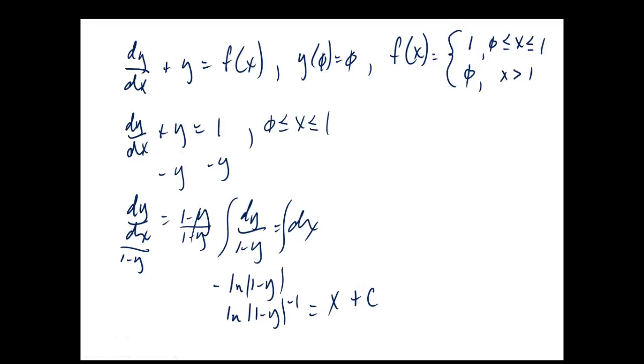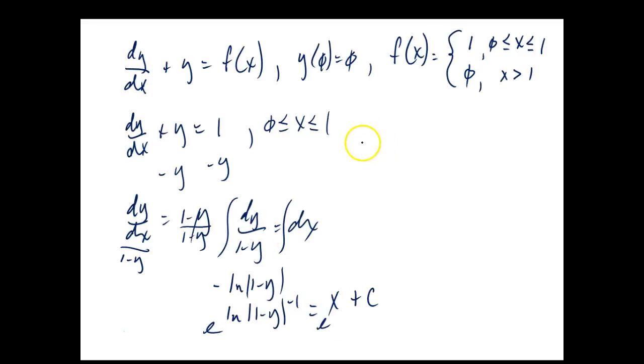And now we are going to plug in your values. Okay? Let's see. Or, let's take e of both sides. I think I would do that. So that would be e, okay?